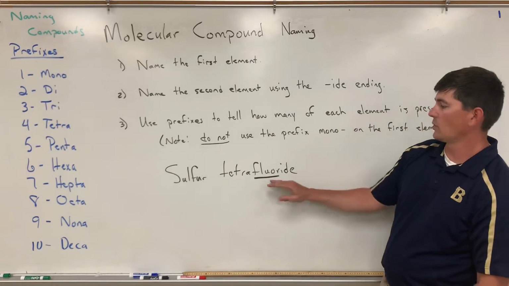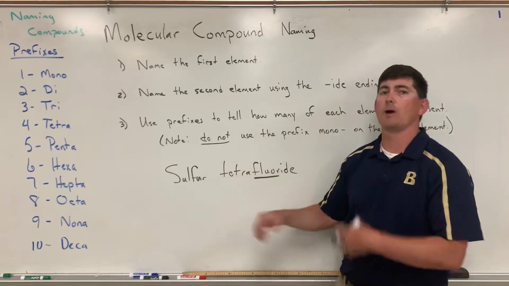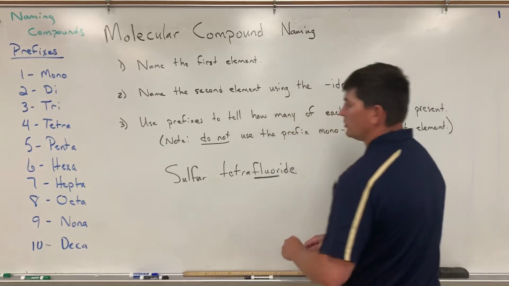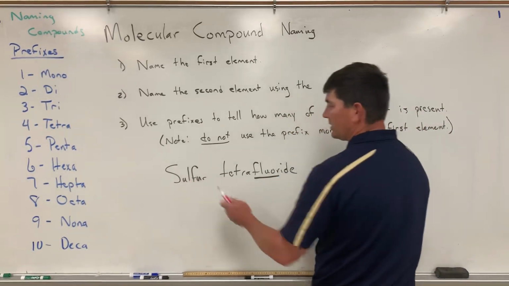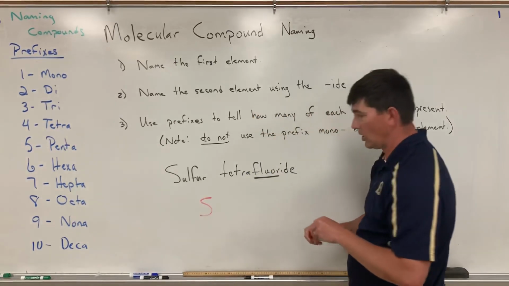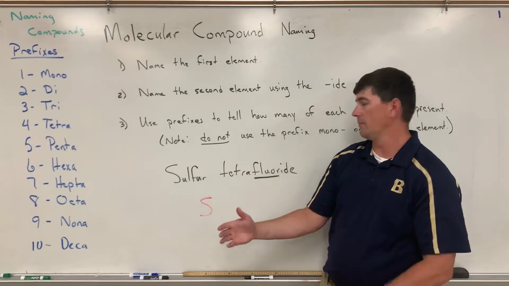I know it's a nonmetal and a nonmetal. The fact that it is a nonmetal and a nonmetal tells me that I'm dealing with a molecular compound, right? So when I go to write the formula for that, I would just write simply the symbol for sulfur. Once again, there's no prefix on the sulfur, meaning there's just one of them, all right?